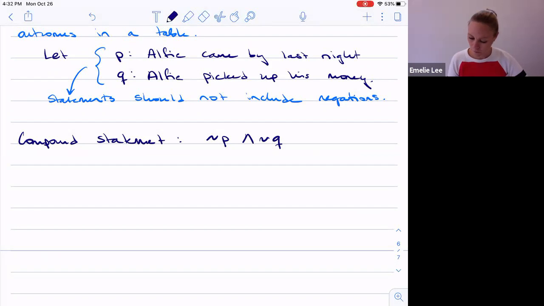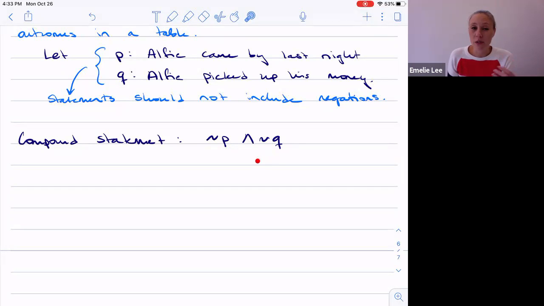Okay. So what I want to do is look at all the possible values of P and Q side by side, just like we did: P is true, true, false, false, Q is true, false, true, false, to get all those different combinations. And then I want to build out to make this.